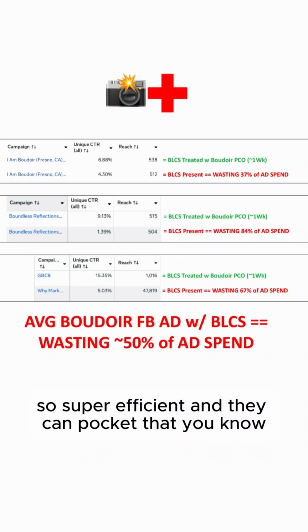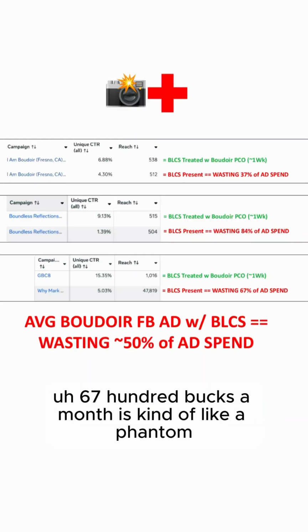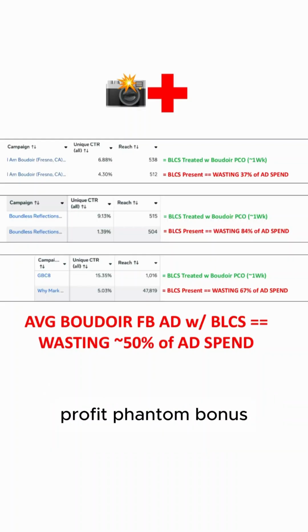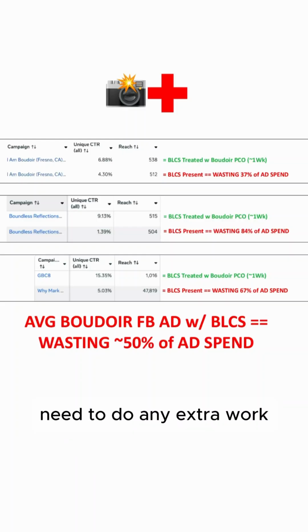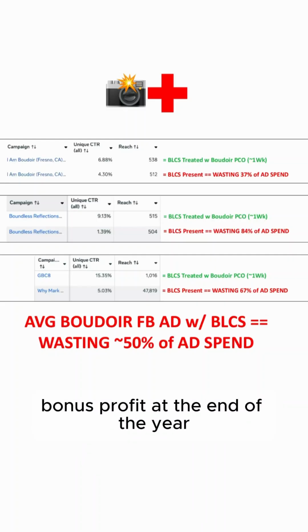So super efficient, and they can pocket that 6,700 bucks a month as kind of a phantom profit, phantom bonus, Boudoir Pico bonus, and they don't need to do any extra work. That's like 80K extra bonus profit at the end of the year.